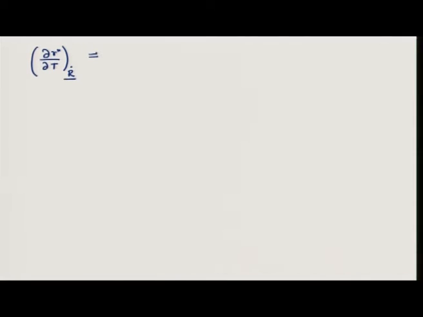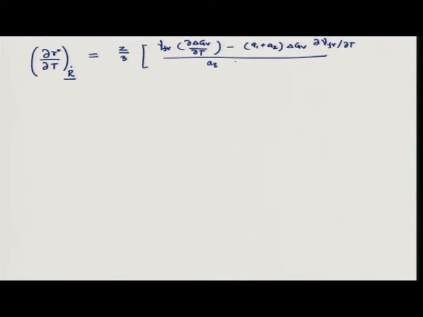So, if we solve this from the expression of critical radius, we will get an expression which is gamma_Fv d delta G_v over dT minus (A1 plus A2 delta G_v d gamma_Fv over dT) divided by A3 delta G_v square, okay.